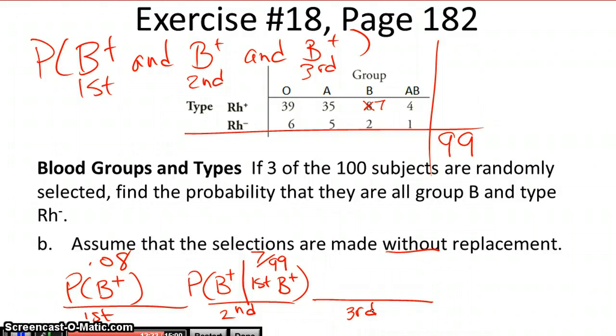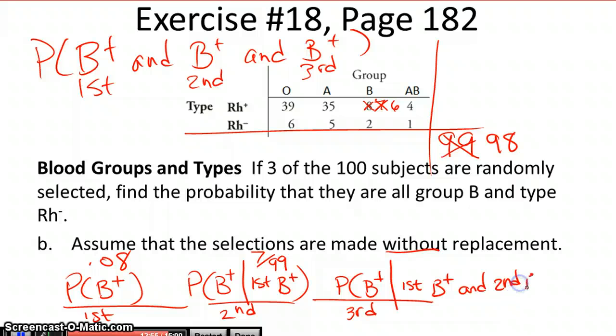But now, how about the third person? Now, at this point, the third person has been preceded by a B positive person and another B positive person. That means now, by the third person, we only have 6 B positives left out of 98. So really, this third person is also a conditional probability. It's the probability of getting a B positive person for the third person selected, given that the first person was B positive and the second person was B positive.